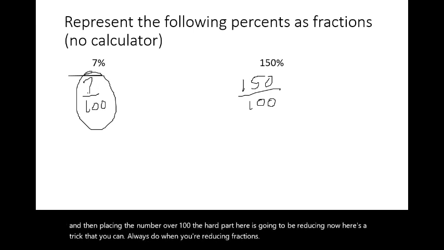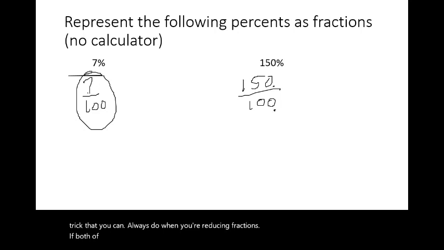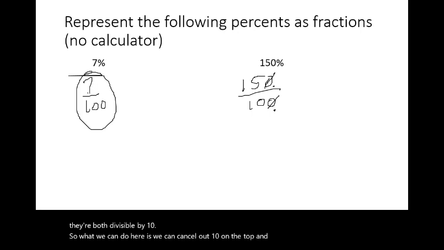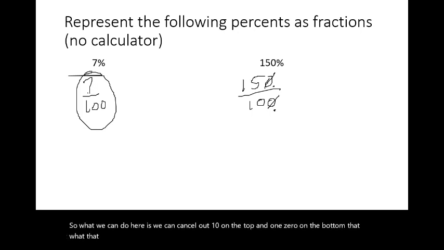If both the numerator and the denominator end in a 0, that means they're both divisible by 10. So what we can do here is we can cancel out one 0 on the top and one 0 on the bottom. What that is basically doing is dividing both the top and the bottom by 10. And you can do this as long as both the numerator and the denominator end in a 0.